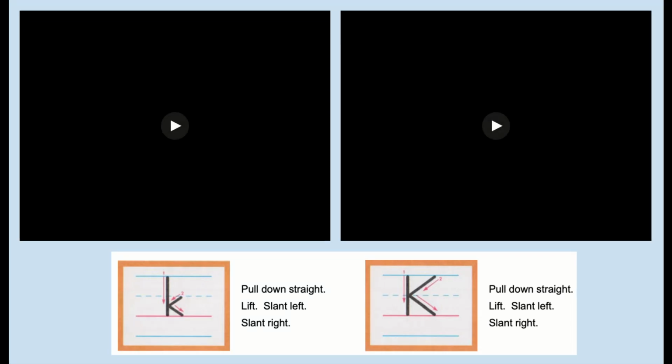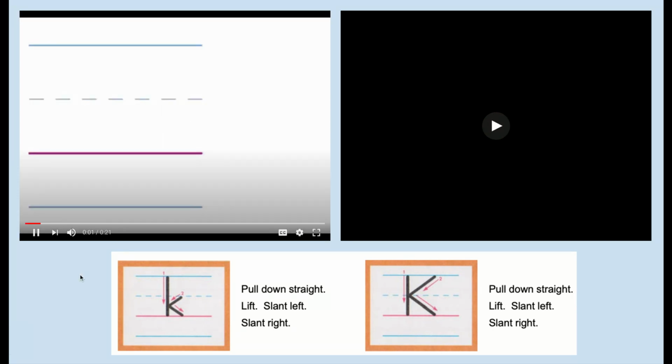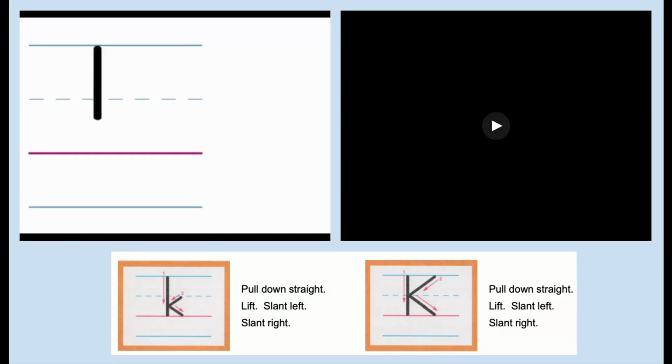Now get your paper and pencil ready as we learn to form the uppercase and lowercase k. Watch as the video shows us how to form the lowercase k. Lowercase k. 1. Pull down straight. Lift. 2. Slant left. Slant right.